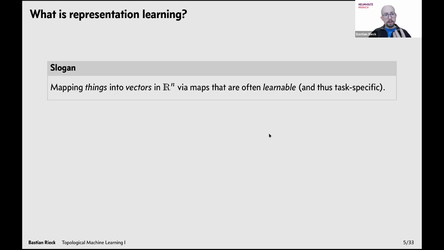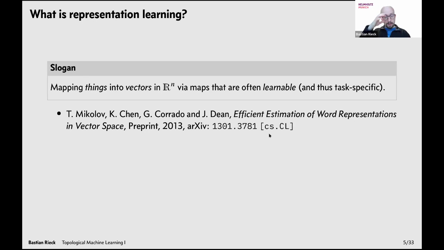And you might have already heard of some, let's say, very famous representation learning techniques. For instance, there's the famous word2vec representation learning algorithm, which essentially can take text and give you nice embeddings from that. So look at the date of this preprint, right? That is from 2013. This is not a typo.